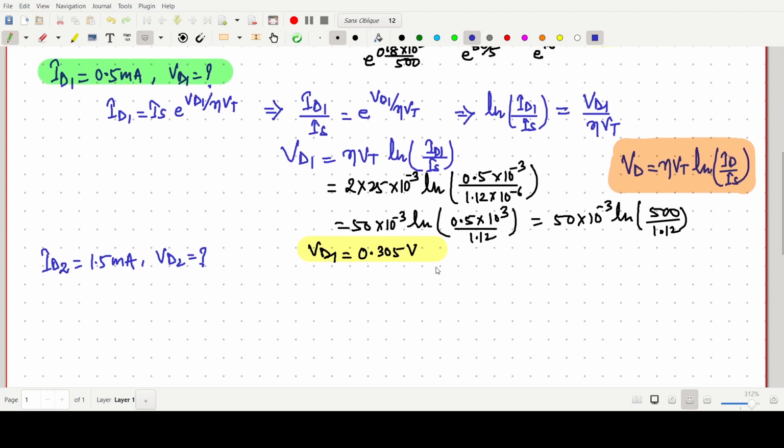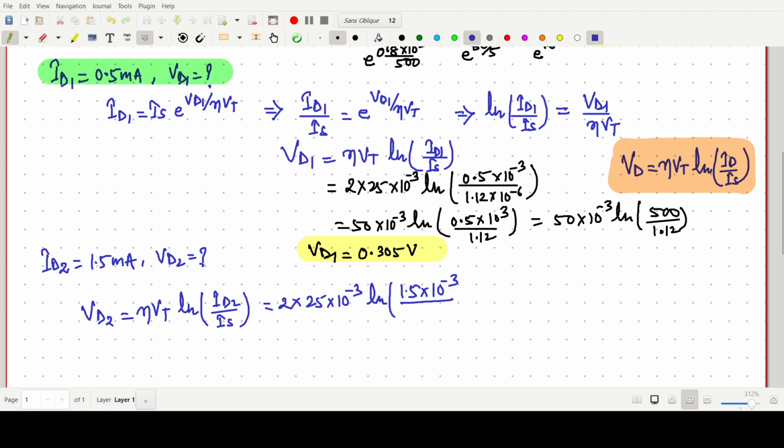For this purpose again Is will be the same. So directly we can write VD2 will be eta times Vt ln(ID2 by Is). So 2 into 25 into 10 to the power minus 3 ln (1.5 into 10 to the power minus 3 divided by 1.12 into 10 to the power minus 6).